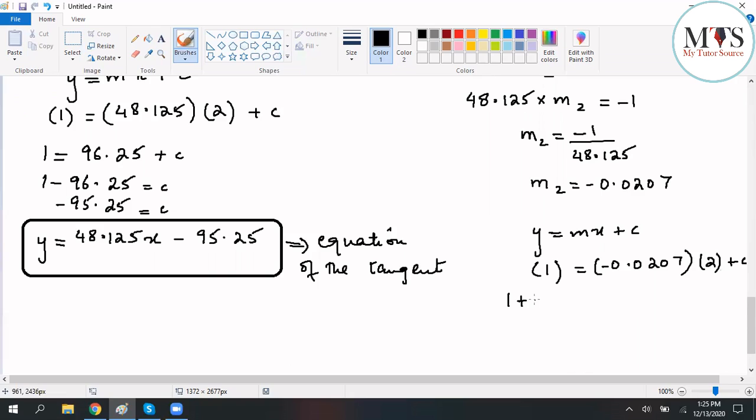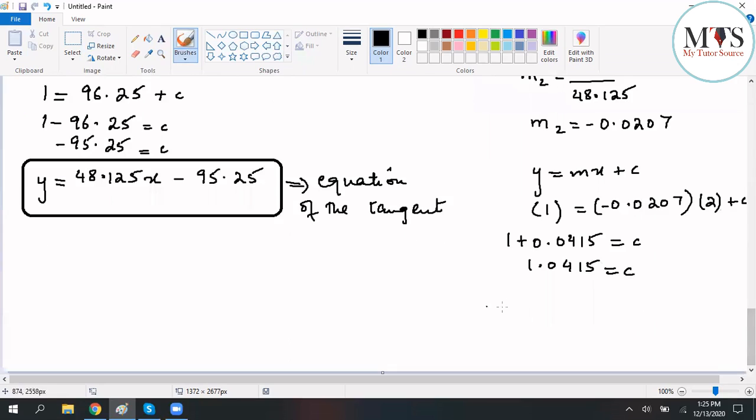Times 2 is 0.0415. 1.0415 equals c. So your equation of the normal is y equals -0.0207x plus 1.0415. Got it? Sure?